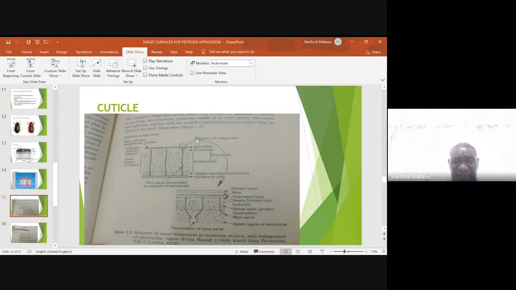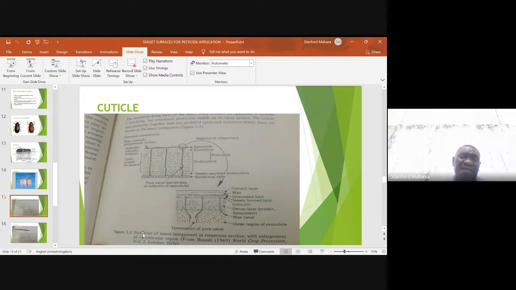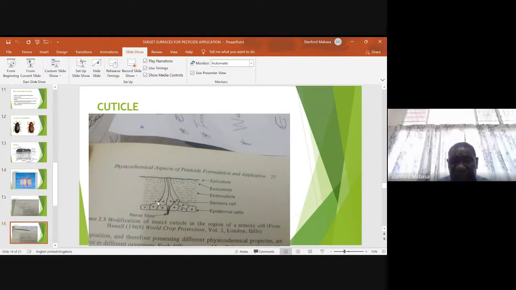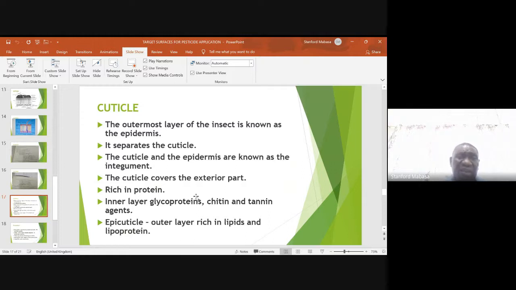Again, it's the same cuticle with various versions showing the cuticle parts. The cuticle is the outermost layer.